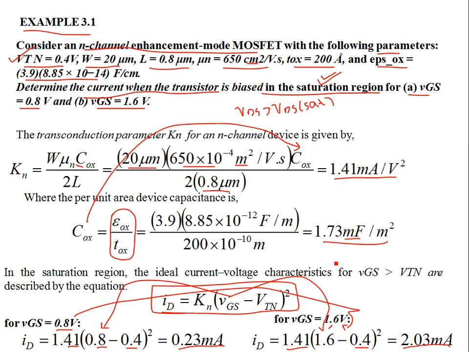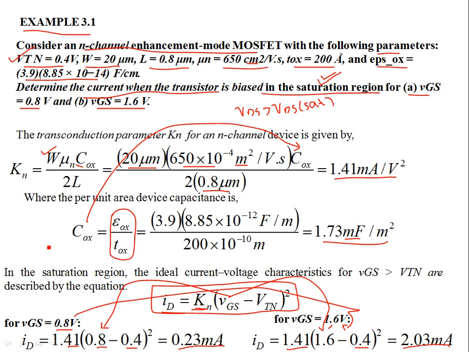You can still increase the current by increasing the width of the transistor, which is included in the parameter Kn. So there's the width. You can still increase that, but this is fixed. Once the MOSFET is fabricated, you have the dimensions of the gate and the transistor. Everything is fixed. Mobility is fixed. Capacitance of the oxide is fixed. So for the given Kn, there's not much you can do.